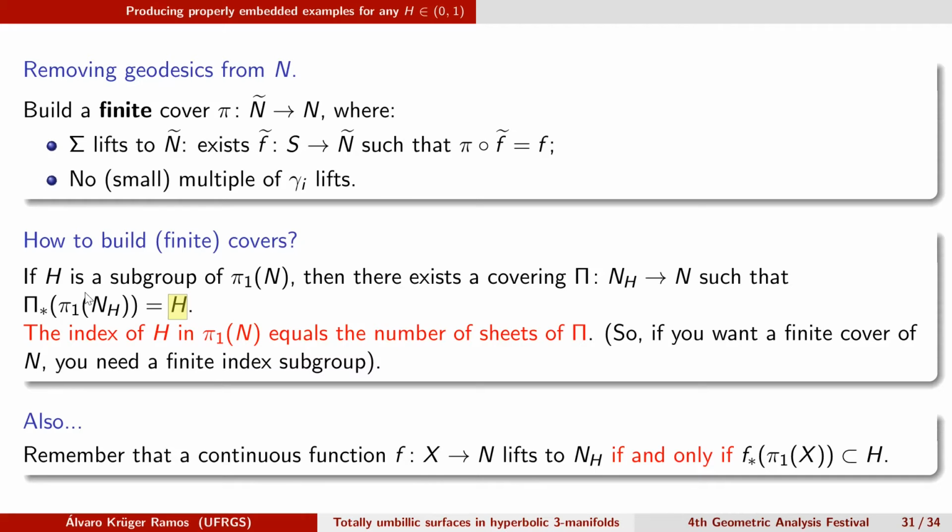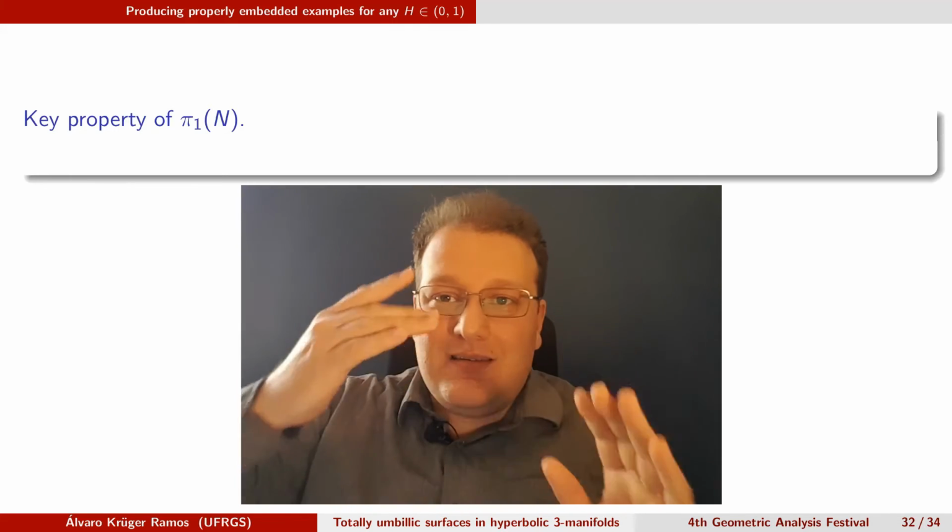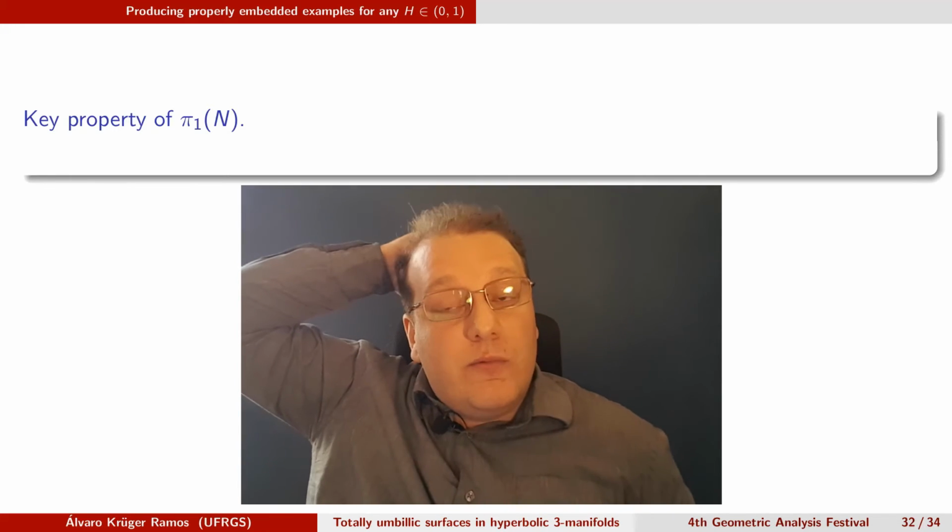So that's what we want to do. We want to find a subgroup of finite index, really specific, so that sigma lifts, the isometry also lifts, but no small multiple of gamma I lifts. So that's the idea. How do we do that? And this is something really, really interesting.